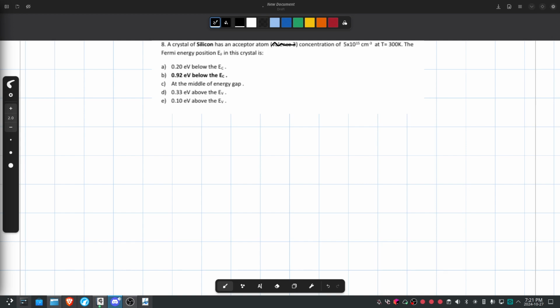This one you're going to have to do a little sleuthing on the formula sheet, but I hope you know how to use the formula sheet at this point. So we're trying to find here the Fermi energy.